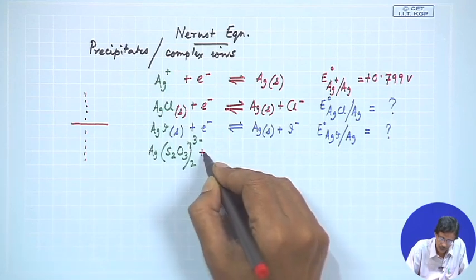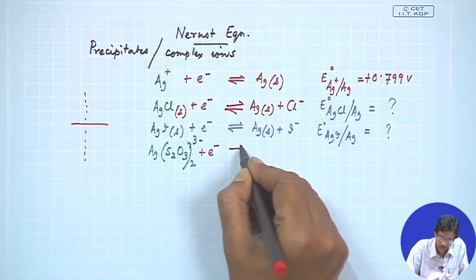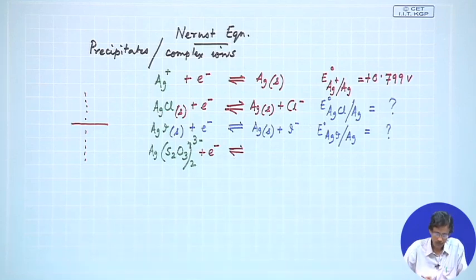Similarly, when this accepts an electron, what do we get over there?